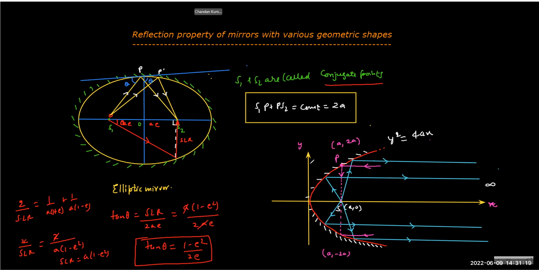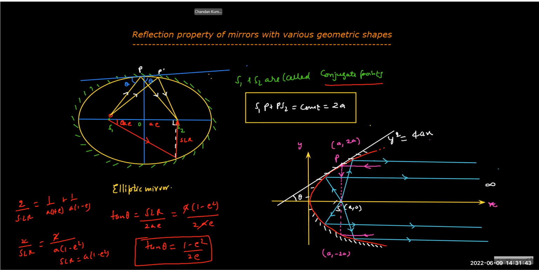Now this question we can solve in another way also, using the basic slope concept. If I draw a slope at this particular location, because this is 90 degrees, we can call this theta.